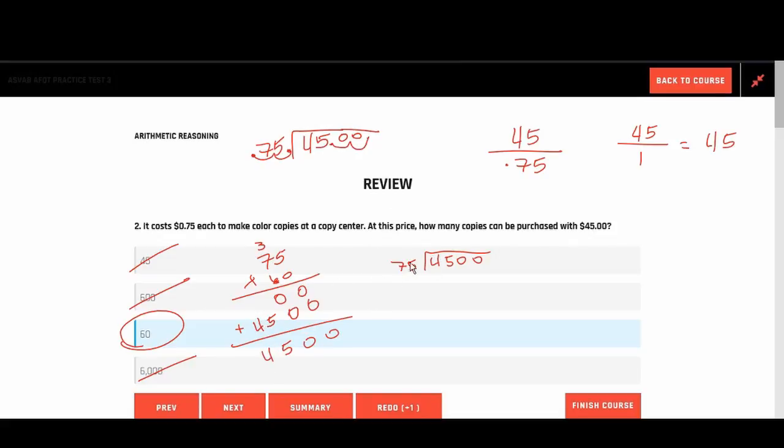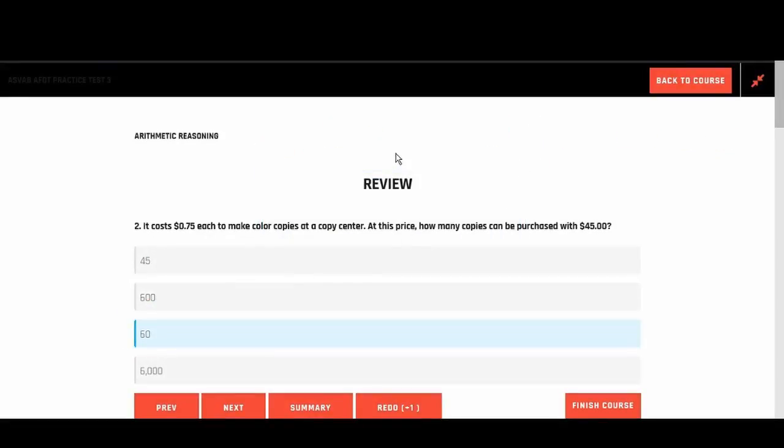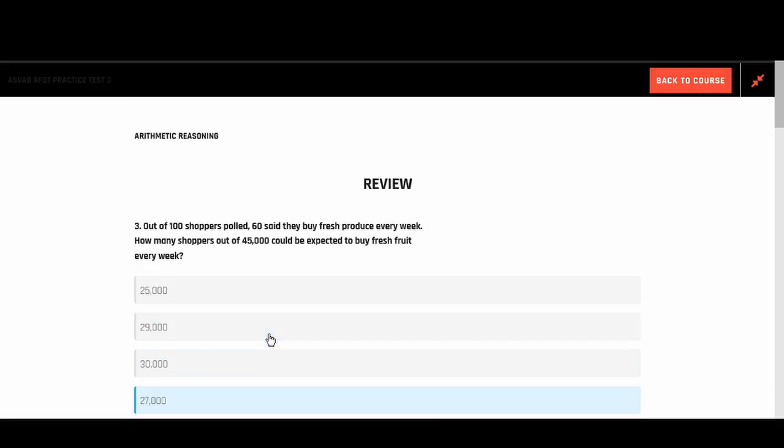So we can see 75 times 60 will get us 4,500 with no remainder. Again, you have to be able to use your knowledge of math to help you guide yourself to the right answer without doing an incredible amount of work.